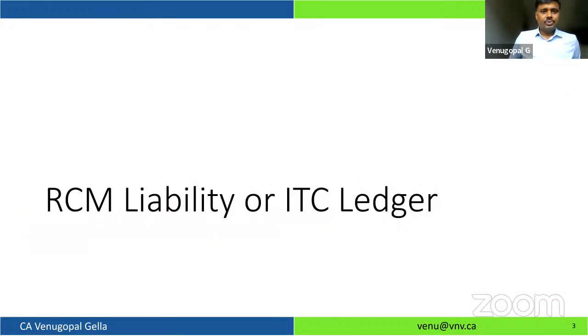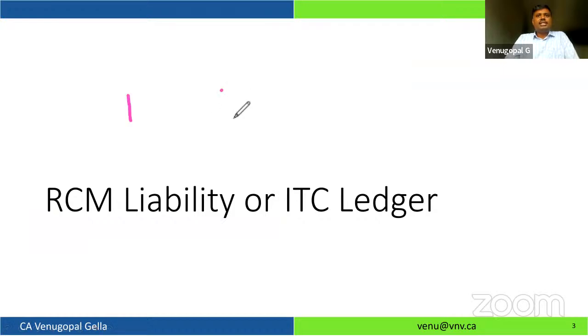All right, so let me give you the context. A couple of months back, we had a session on GSTR 1A. In that webinar, I explained the purpose of GSTR 1A. We all know earlier we had the system of GSTR 1.